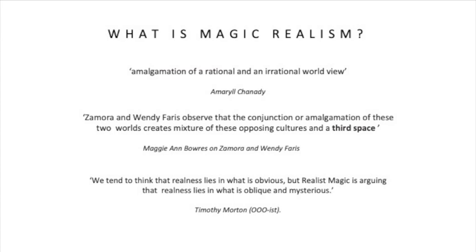And also I found that theorists had historically said that there's a relationship between magic realism and the third space. And so you could use magic realism in art, in literature, in, I believe, design and architecture as well, when talking about the third space.